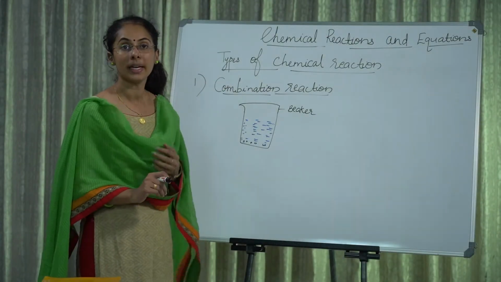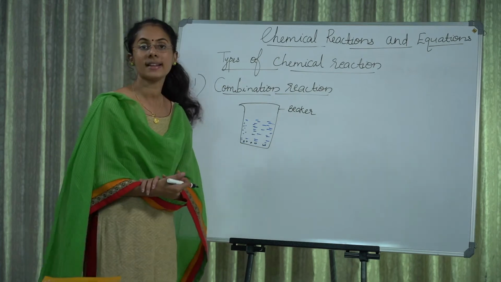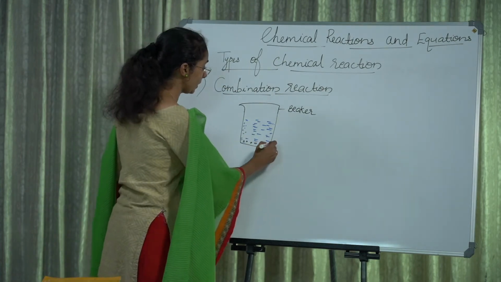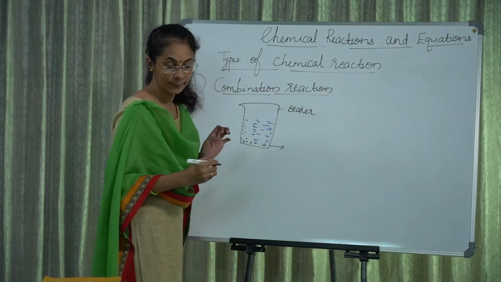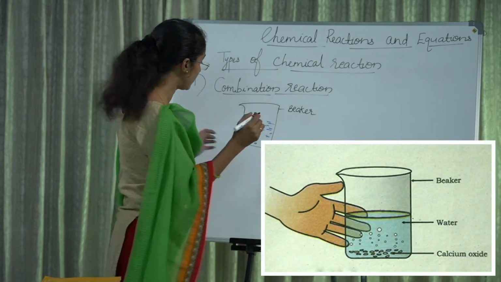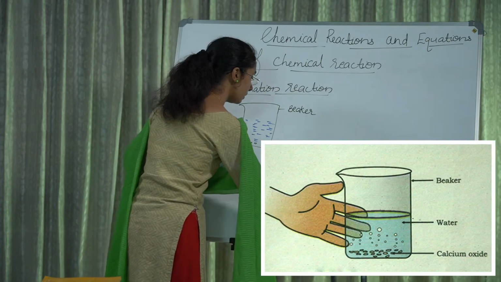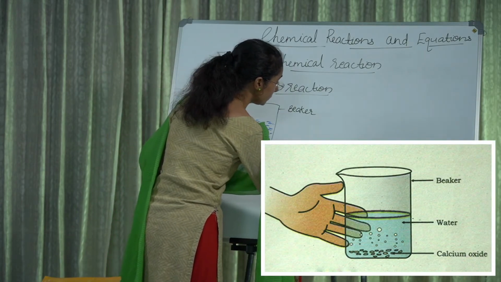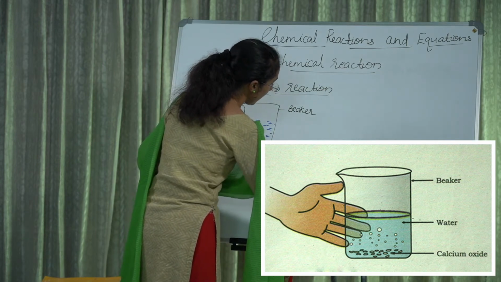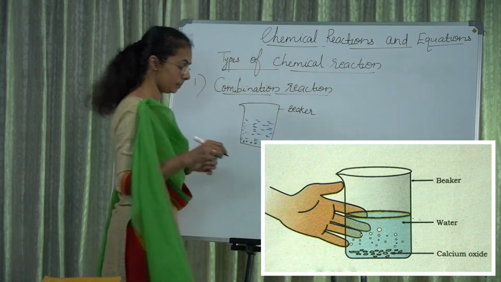Types of chemical reaction. First one is combination reaction. Take one beaker, add some calcium oxide. Another name of this calcium oxide is quicklime.